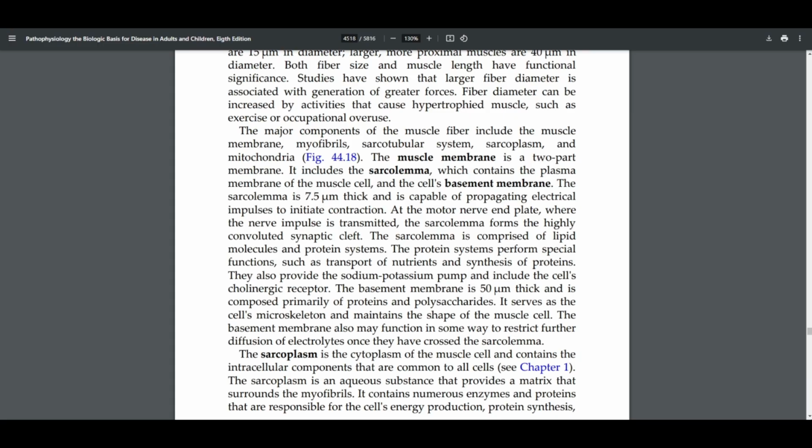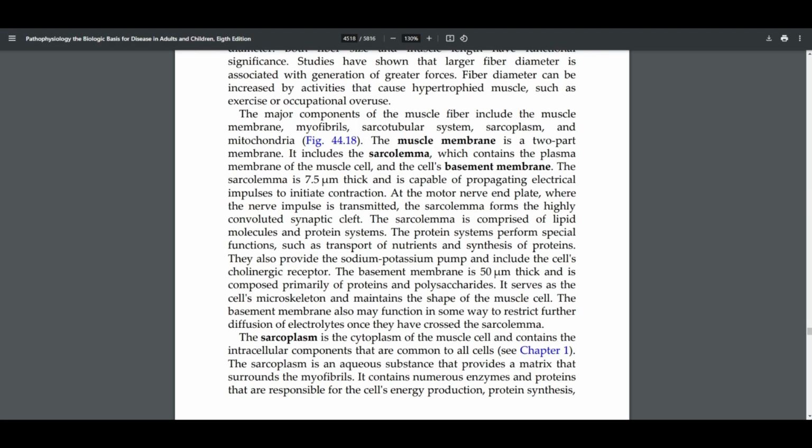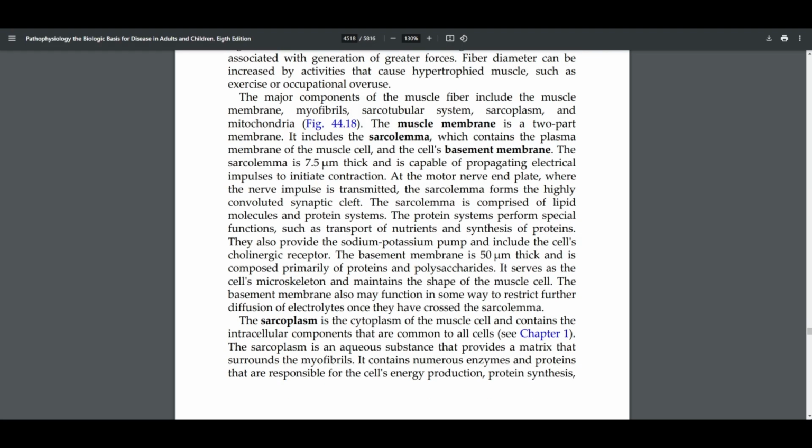The sarcolemma is comprised of lipid molecules and protein systems. The protein system performs special functions, such as the transport of nutrients and synthesis of proteins. They also provide the sodium-potassium pump and include the cell's cholinergic receptor.